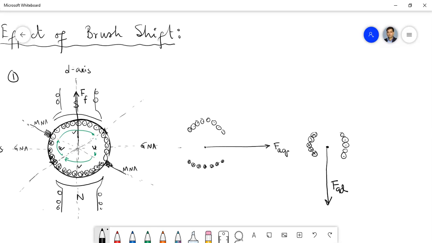Is that clear? Now here we have two components of armature MMF. One is in the quadrature axis, another is in the direct axis, but this component which is in the direct axis is in phase opposition to the main field MMF.